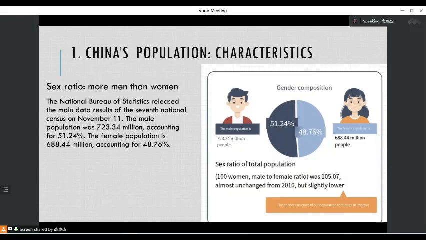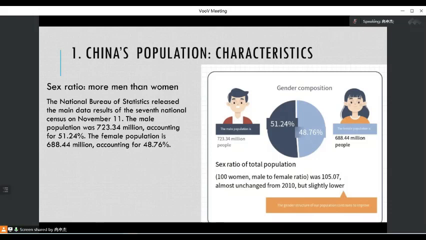Previously, we explained that the 7th national census also showed the fact that men are more than women.